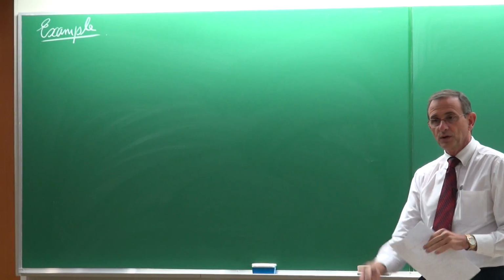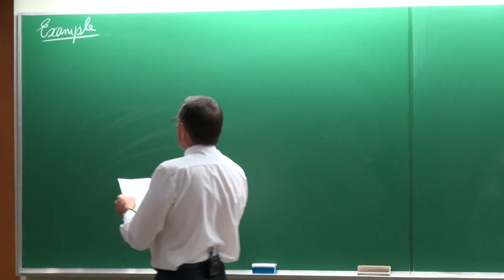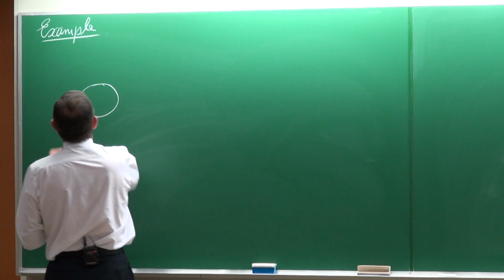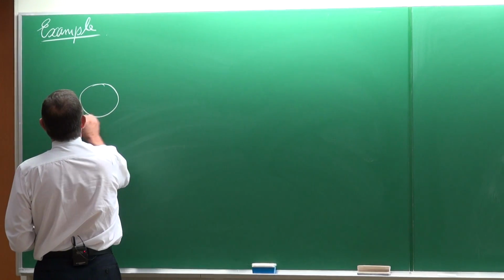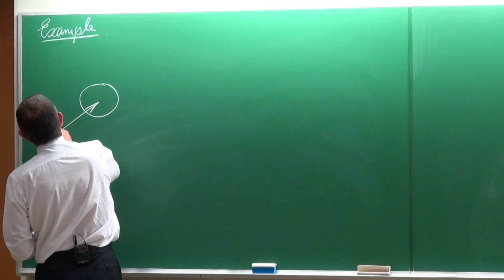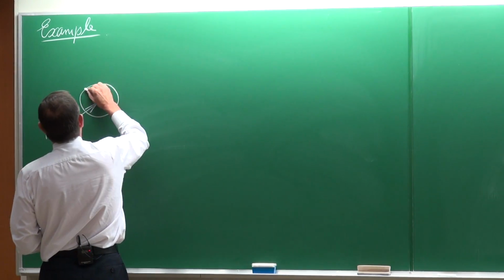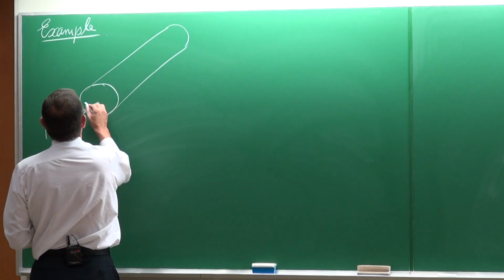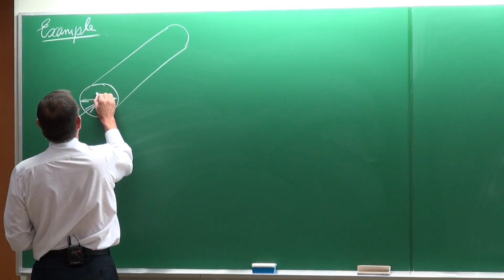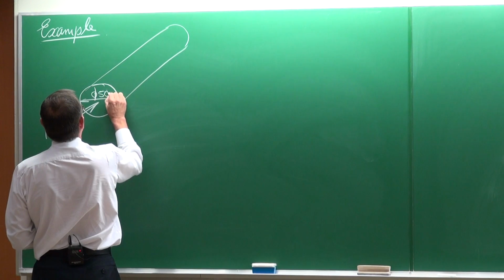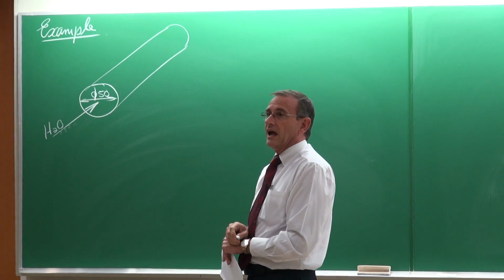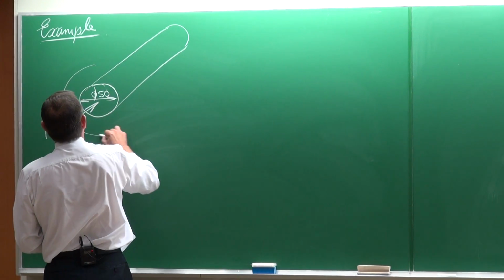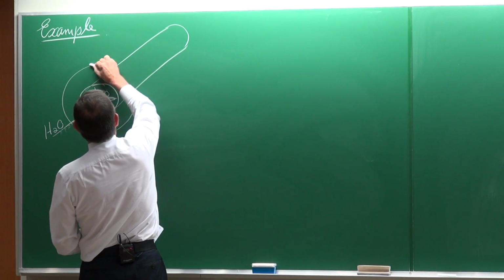So there's an example in the textbook on a solar collector, and this solar collector has an aluminium tube. And in the aluminium tube, there's water flowing through it. And the aluminium tube diameter is 50 millimeters. And on the outside of this aluminium tube is a glass tube, like that.